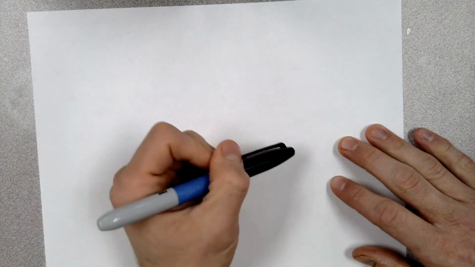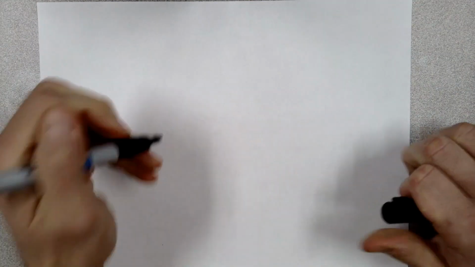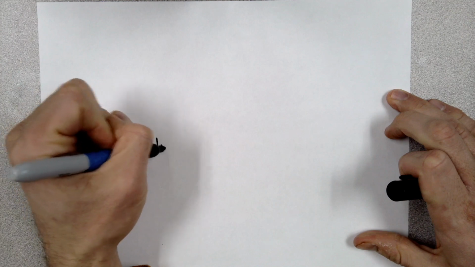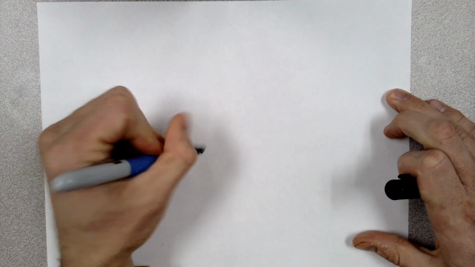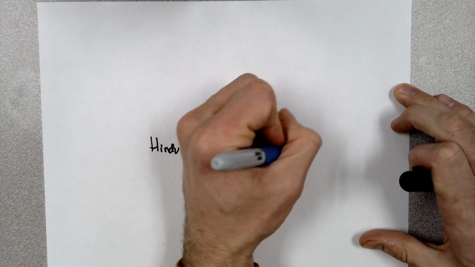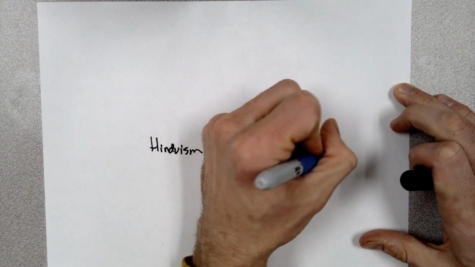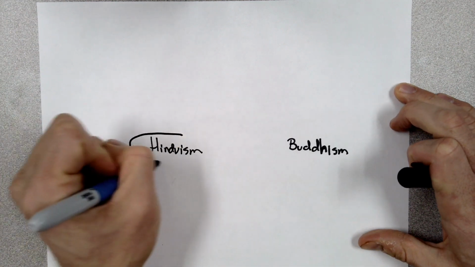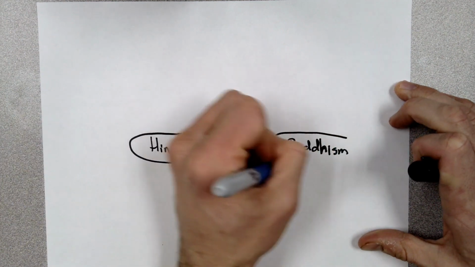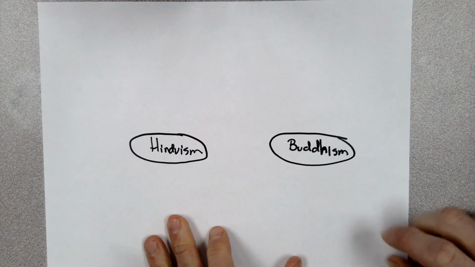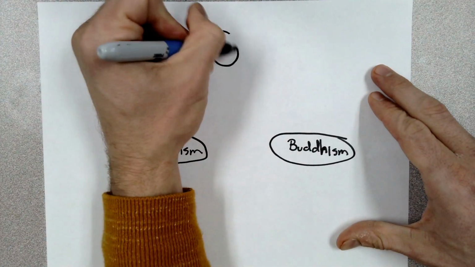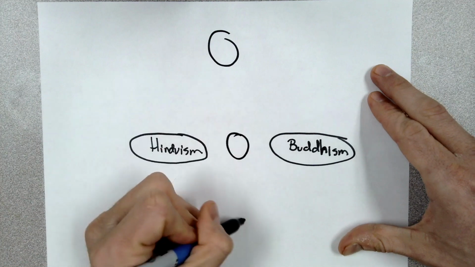But you're going to be doing this on your own, recreating a double bubble map. So again, you're going to have two things that we're going to compare, like say Hinduism and, how about Buddhism? The two main religions that we've been talking about. Those are going to be your two core things that you're comparing and contrasting. And then you're going to have the things in the middle.